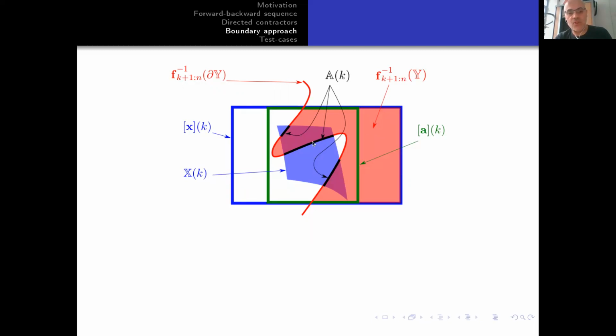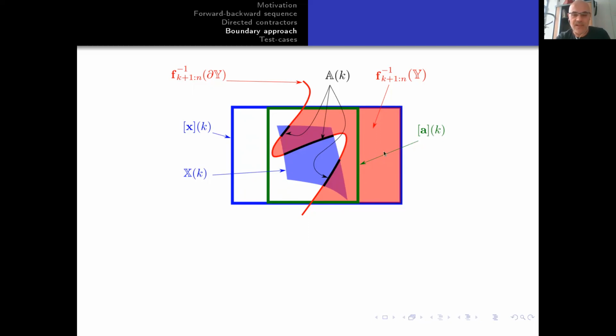But it is much more accurate, much more efficient, if you want, to enclose the intersection between the boundary here in red and the set X of K. So it is the one we want to enclose, and we enclose it in a box which is here named A of K. So it expresses what I want to enclose.